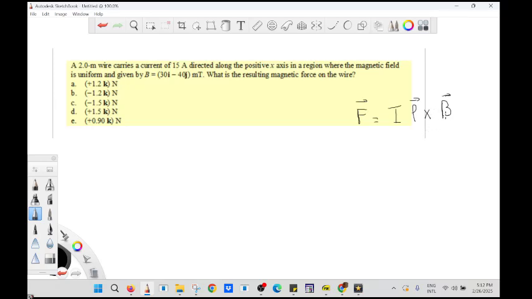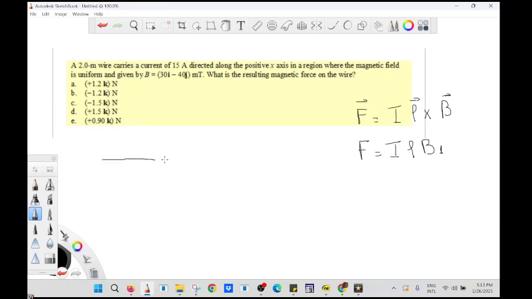For a force to be applied, you need a component of B perpendicular to the wire. So you can apply the definition of the cross product, or you can say the magnitude will be, for example, the current times the length of the wire times B perpendicular to the wire. Okay, that's one way to do it.